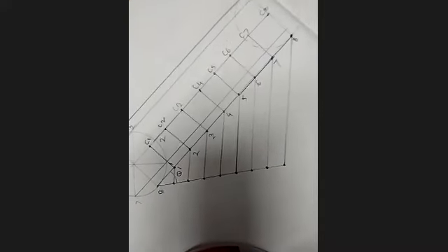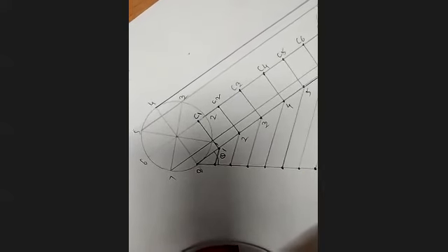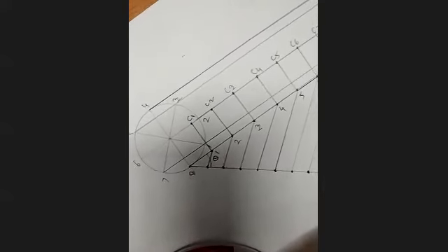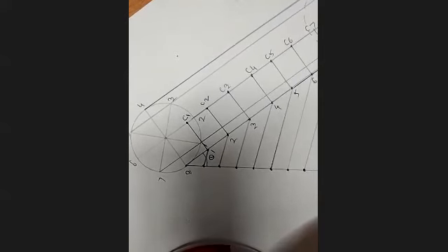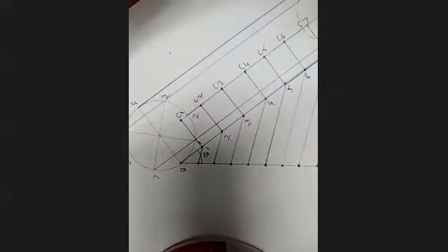Then we'll move to the last part of your construction. I will hold it so that you will see it partially. Okay. See, the radius of the circle of the rolling wheel is 20 millimeter, right?